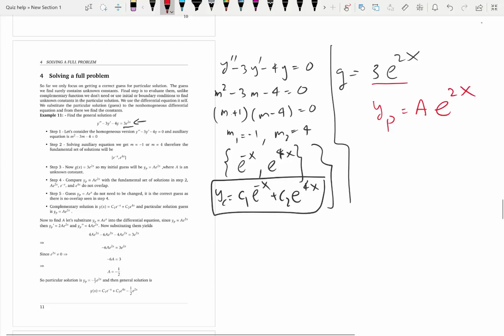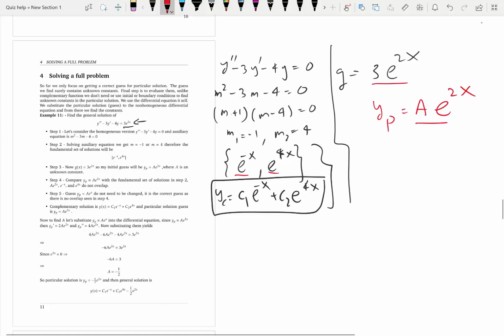Good. Now check for overlaps. A e to the 2x: we don't have e to the 2x here. We have e to the negative x, e to the 4x, and e to the 2x, three linearly independent functions. Good, so we don't have any overlap. That is where we stop.